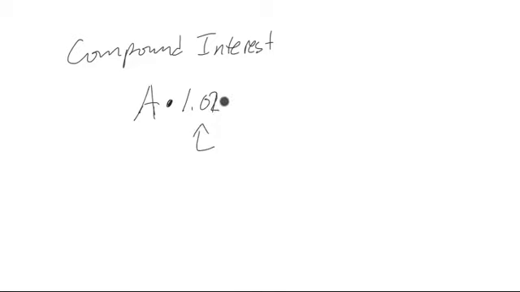So compound interest means that we're compounding. That means we multiply by a certain percentage this way, like 102%. That's what it means to compound.